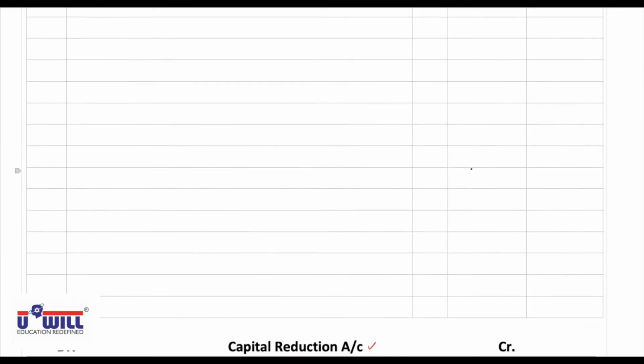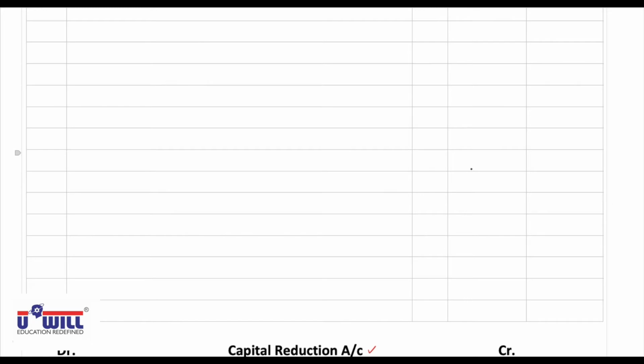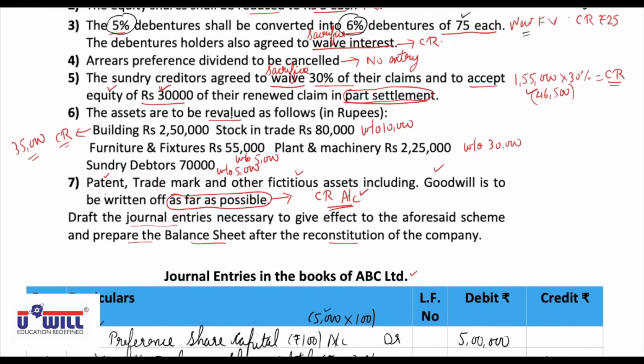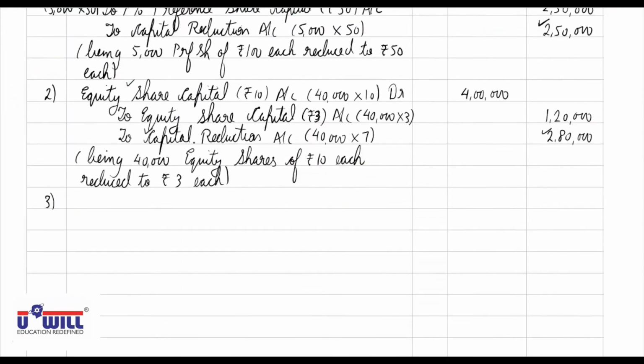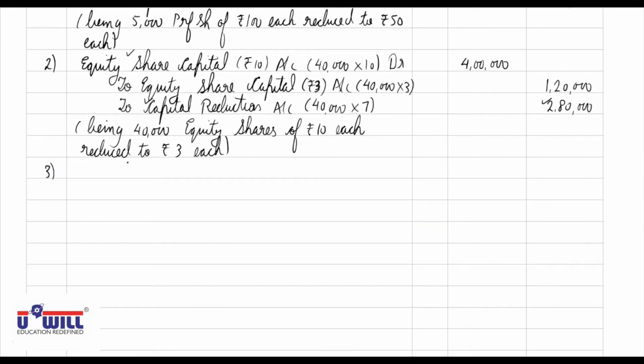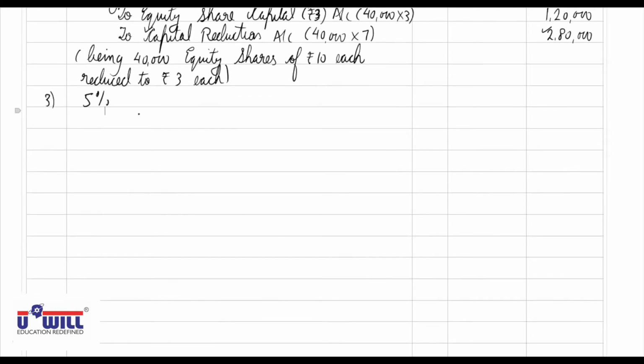Okay, now from the third adjustment we pass the entry of debentures. So first old debentures we have to debit there, they are 5% and face value is 100, old face value. So if you write down 5% debentures in bracket old face value rupees 100 account debit, and as we discussed in the balance sheet 2000 debentures are there, so 2000 into 100, 2 lakhs.